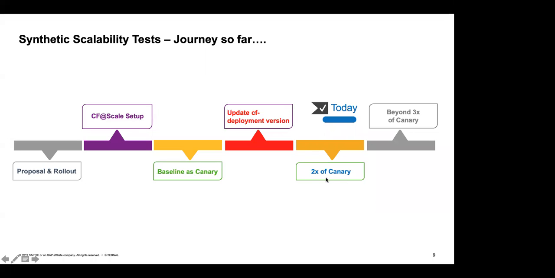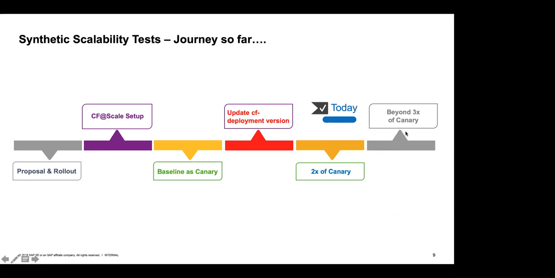We can say that today this system has twice the size of our canary landscape, which, as I said, was so far the biggest landscape that we were running. By running twice the size of that canary landscape, we obviously want to create some wiggle room for us to say, okay, this is how far we can scale a single foundation, knowing everything that resulted from those scalability tests.